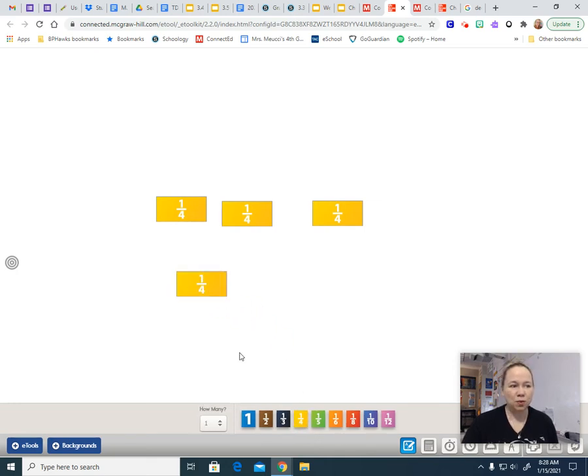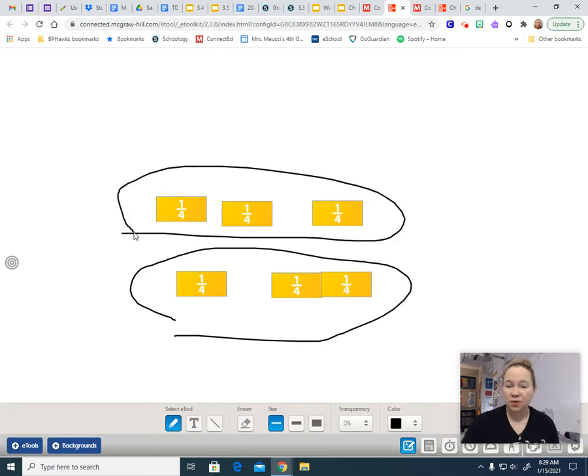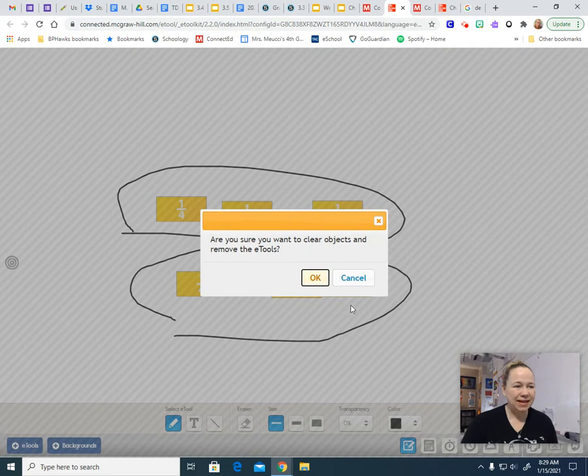You could have said 1/4 plus 2/4. Does that still equal 3/4? This still equals 3/4, doesn't it? And this equals 3/4. You're getting it. Okay, let's try another one.